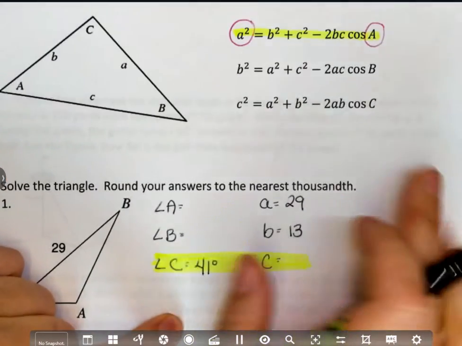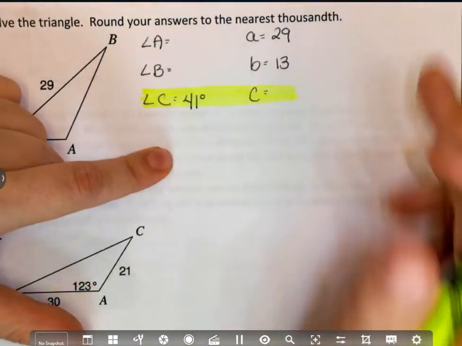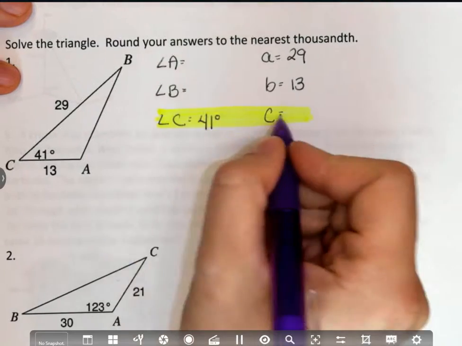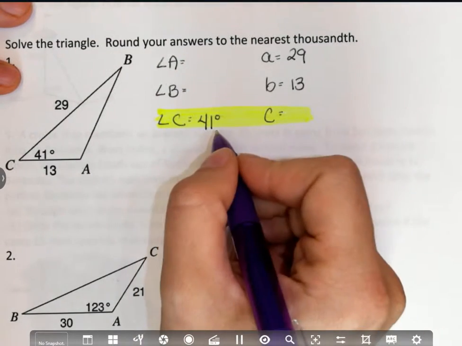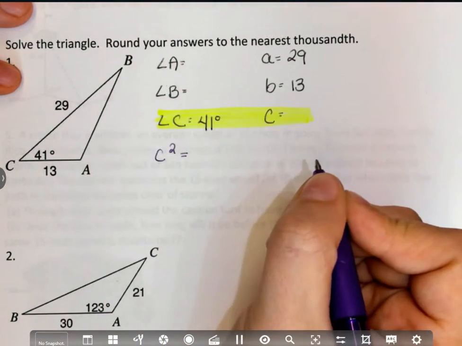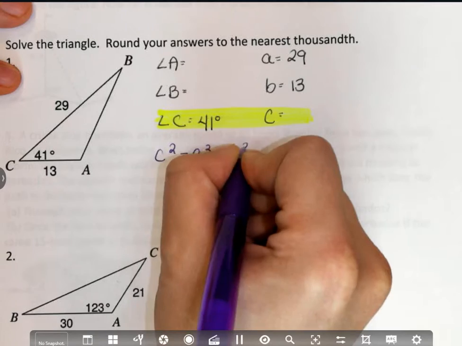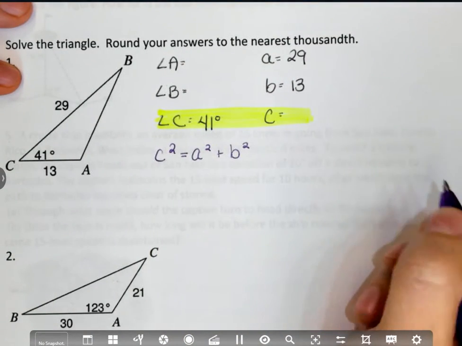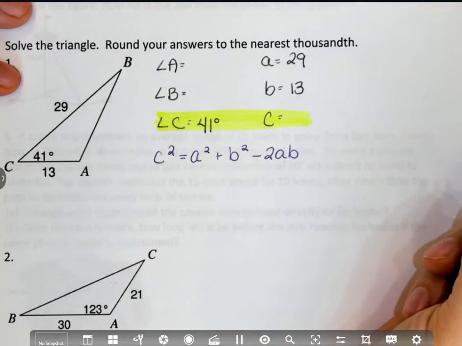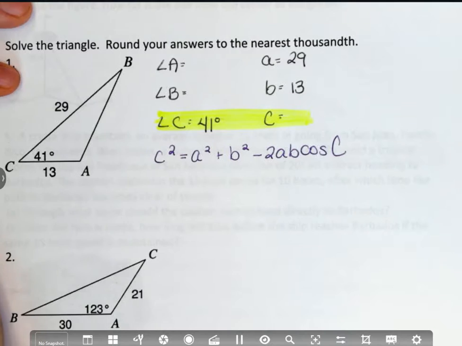And I don't need to memorize, when it's C, what do I do? All I need is to understand that I'm going to take whatever my angle side pair is: side squared is equal to the other 2 sides squared and added, minus 2 times the other 2 sides, times the cosine of your angle.